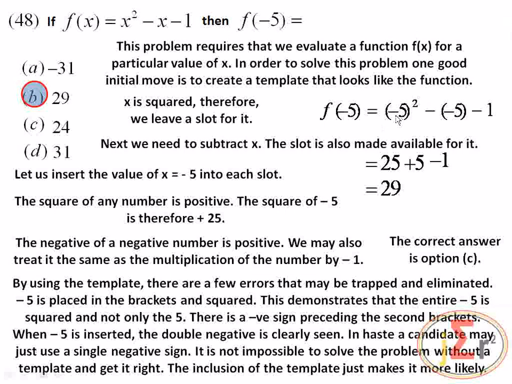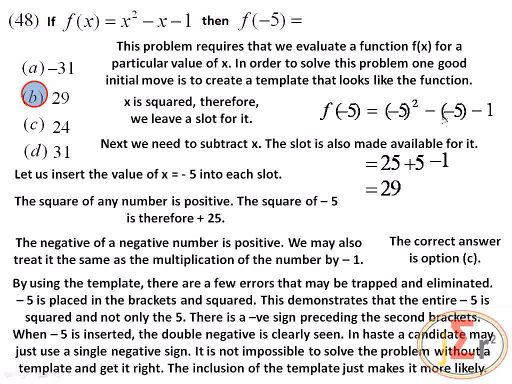So we have a -5 here. The entire -5 has to be squared. A possible error would be just to square the 5 alone. If we square the 5 alone, we would have gotten -25.